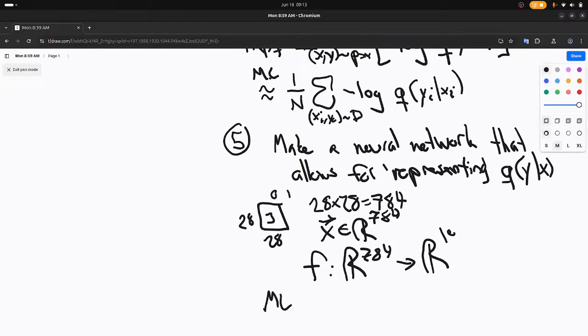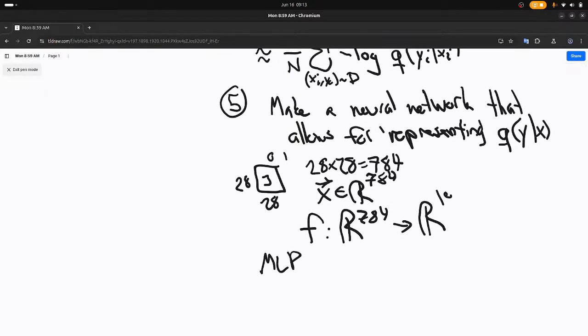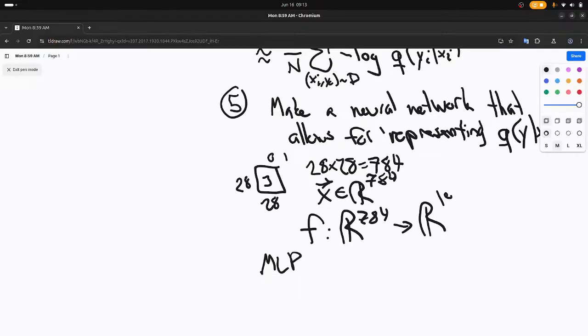And one way of doing it would be with an MLP, where I compose a sequence of layers, where one layer is an affine transformation.